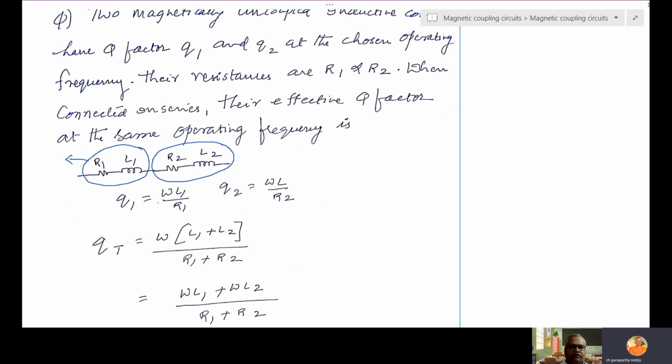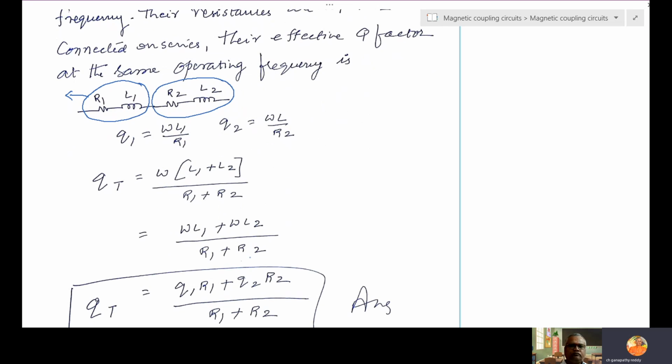So what is the quality factor formula? Q1 is omega L1 by R1. Q2 is what? Omega L2 by R2. What is the total quality factor? Omega into L equivalent. What is total L equivalent without coupling? L1 plus L2. What is the total resistance? R1 plus R2. Simplify: omega L1 plus omega L2 by R1 plus R2.